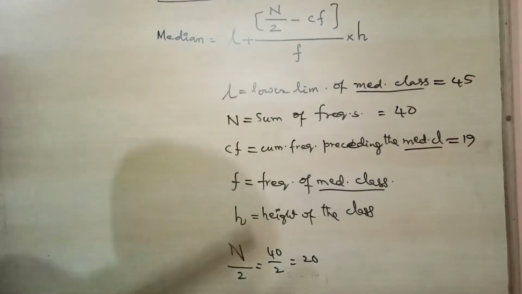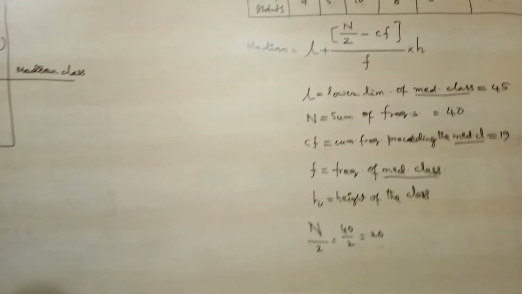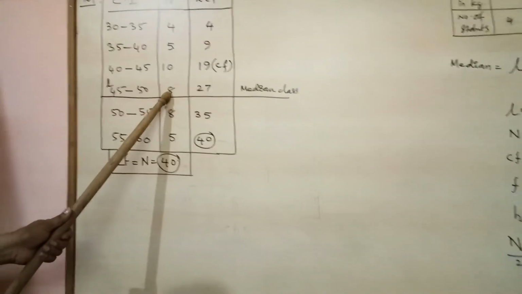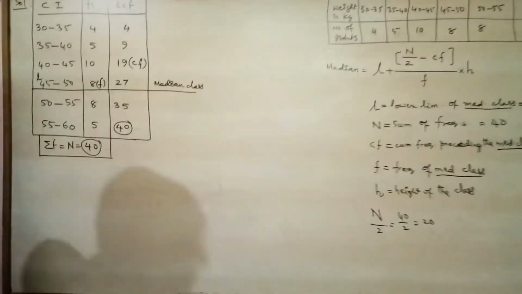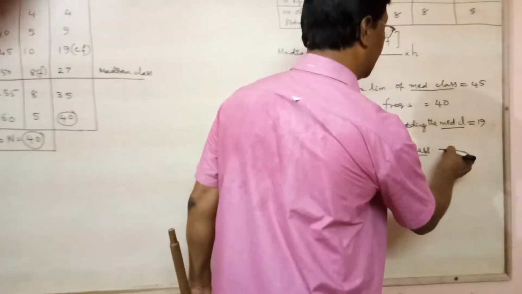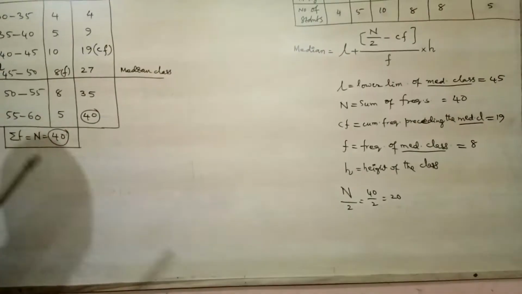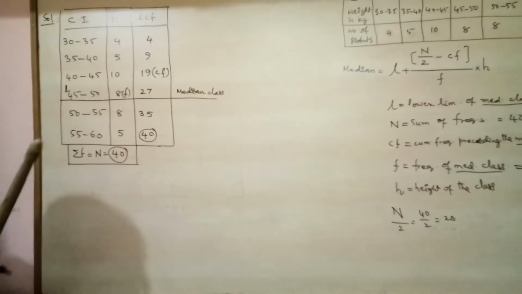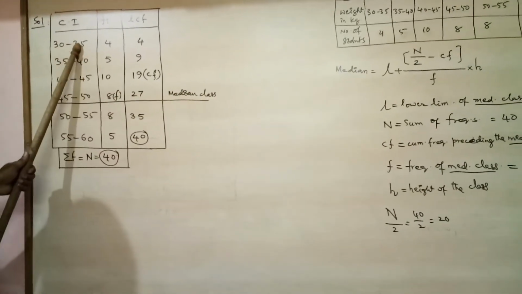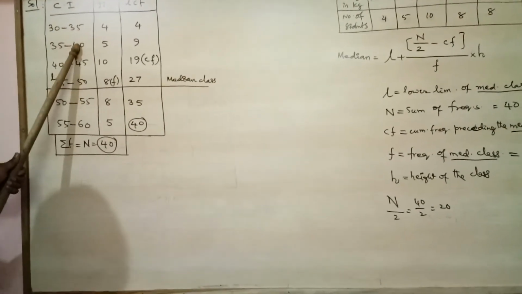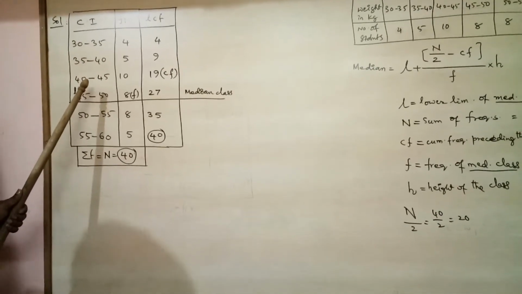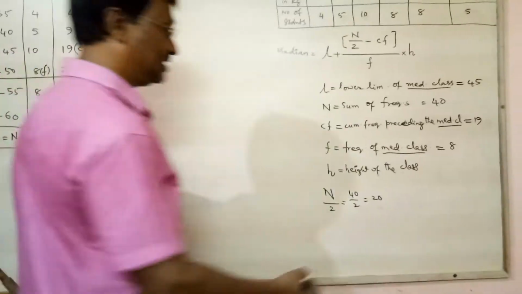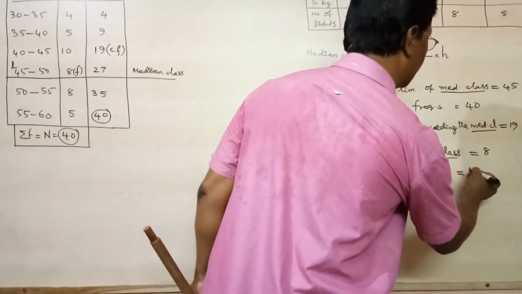Now, f means the frequency of the median class. Here 8 is the frequency of the median class. Now, the height of the class means the class interval. 35 minus 30 is 5, 40 minus 35 is 5, 45 minus 40 is 5. Therefore, that fixed value 5 is known as the height of the class.